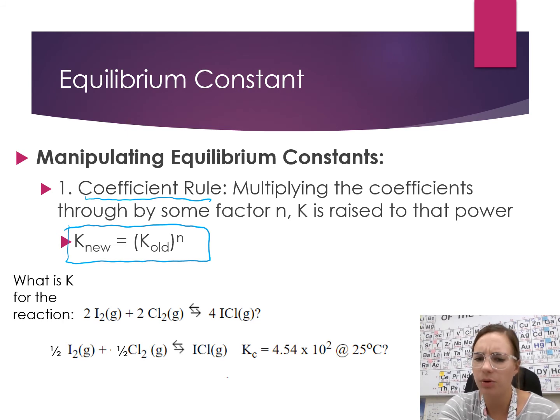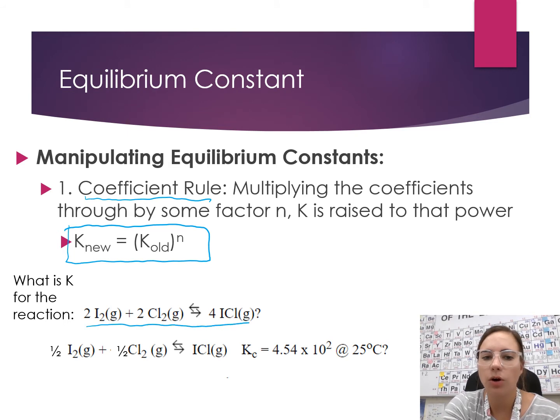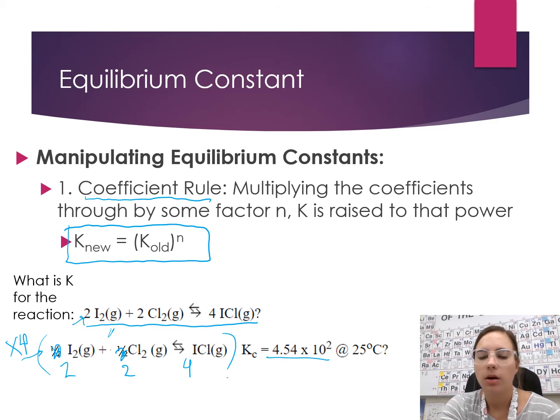To give you an example of what I mean by that, I want to know what is the K value for 2 iodine plus 2 chlorine making 4 iodine chlorides. I'm given this reaction and told its K value. Well, if I compare these two reactions to one another, I see that if I multiply this whole reaction by 4, then this becomes 2, 2, and 4, which matches my reaction that I'm trying to calculate K for.